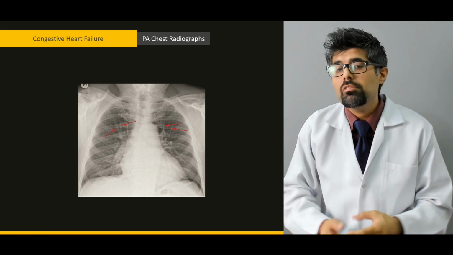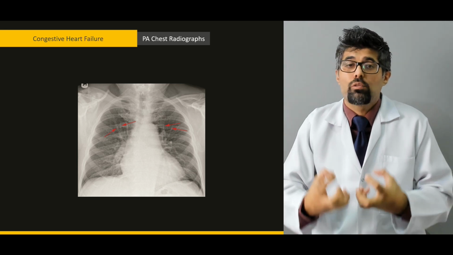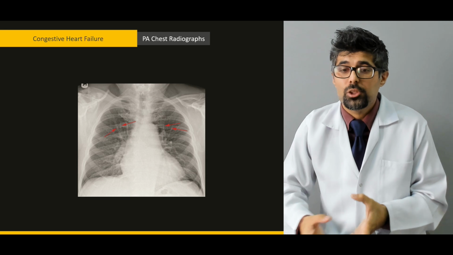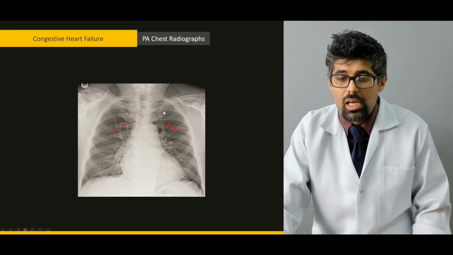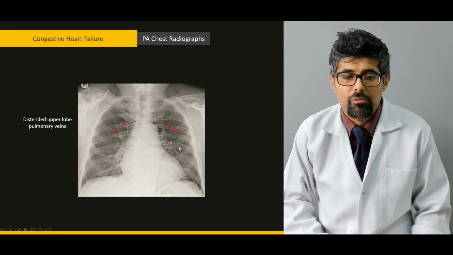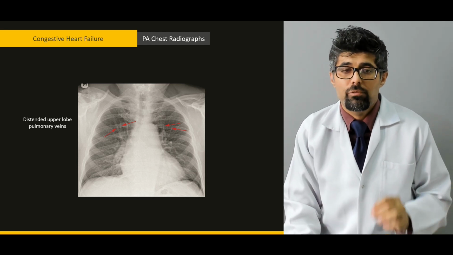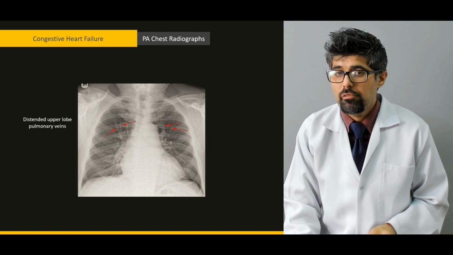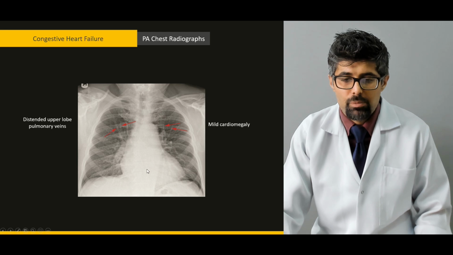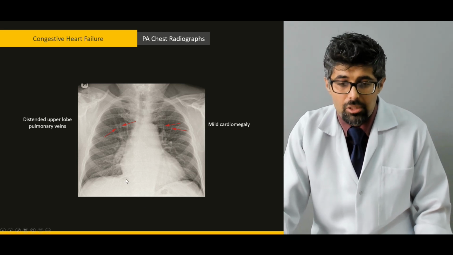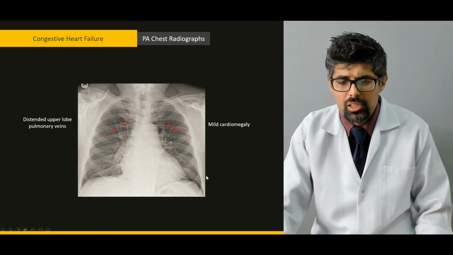But in congestive heart failure, where the heart is congested because of the increased left atrial pressure, the veins of the upper lobe are dilated, and these dilated veins are pathognomonic of congestive heart failure. You can also see, because of the congestive heart failure, the patient also has cardiomegaly, but it's mild.